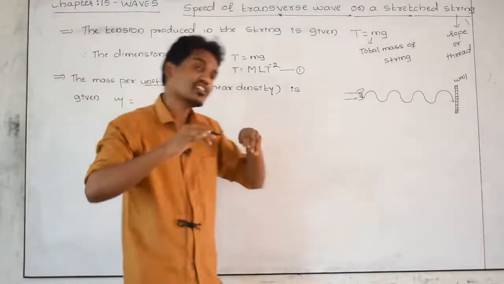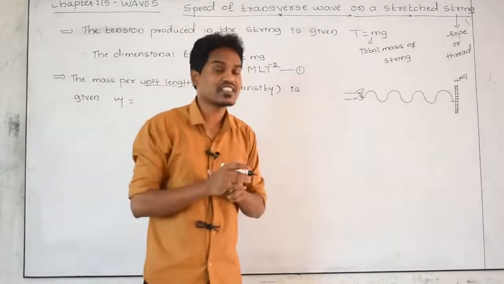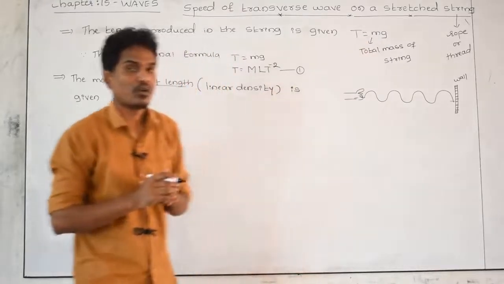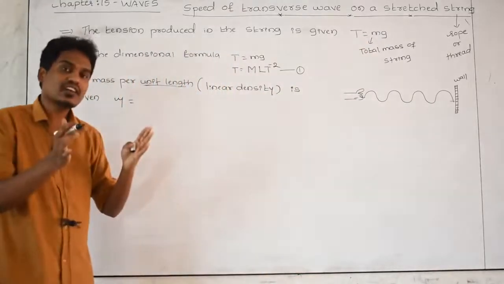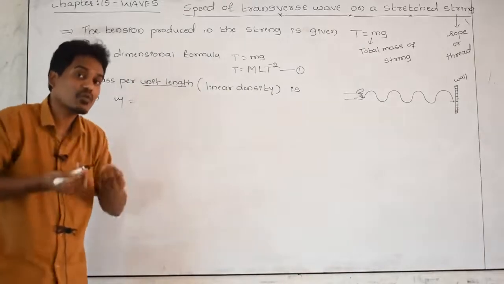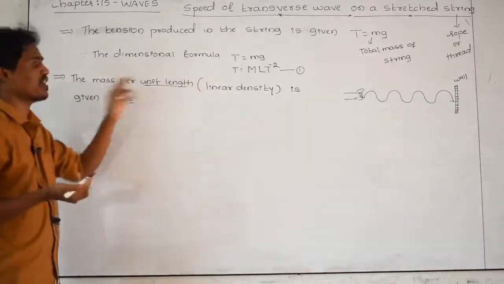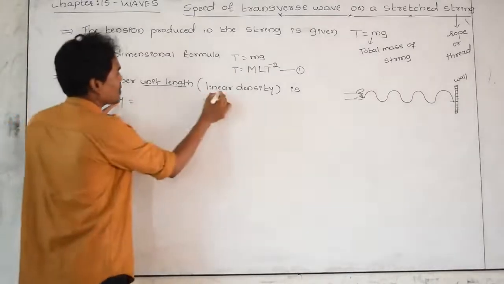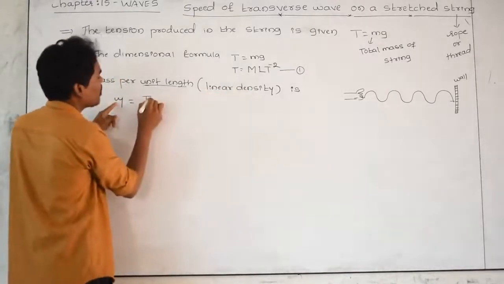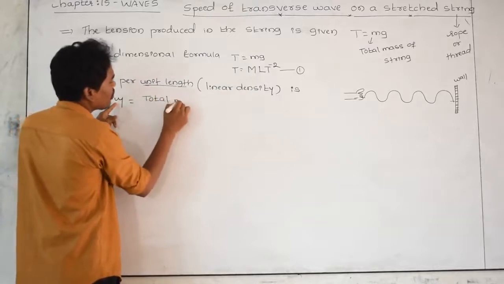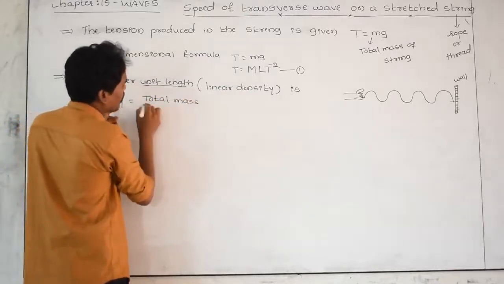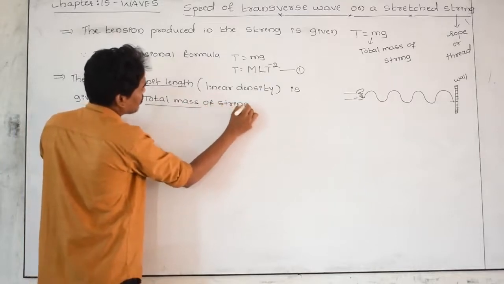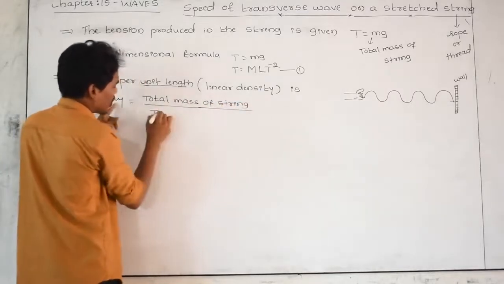The total length of the wire, and its mass, we call capital M. If there is 1 meter of length, the mass of that 1 meter length is called mass per unit length. How to find mu, mass per unit length? It is also called linear density. This is the total mass of string divided by the total length of string.